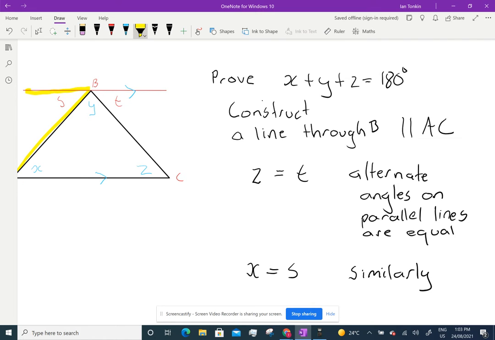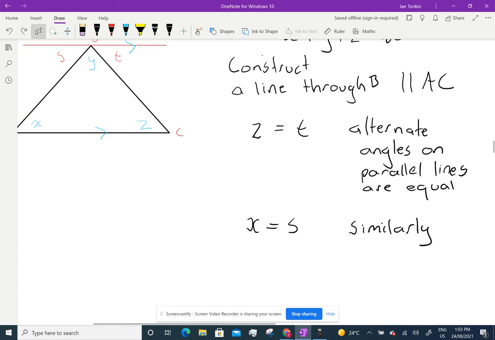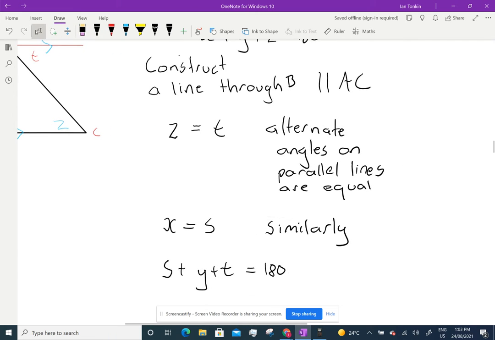There's this Z, and Z, S and X are the same. So now, S plus Y plus T equals 180. Why? Because it's on a straight line, and they're all supplementary.